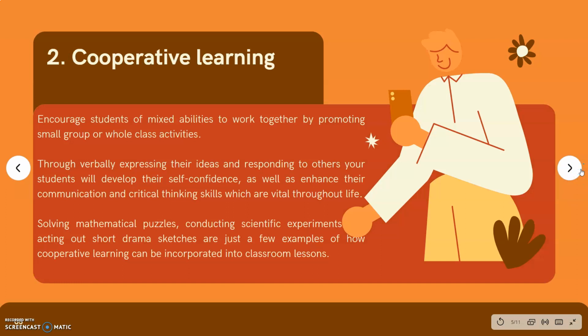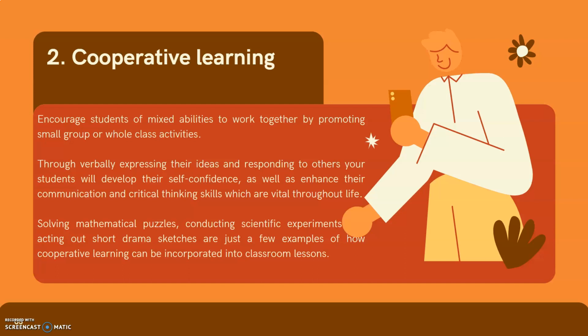Number 2, cooperative learning. Encourage students of mixed abilities to work together by promoting small groups or whole class activities. Through verbally expressing their ideas and responding to other students, they develop self-confidence. This is very important.